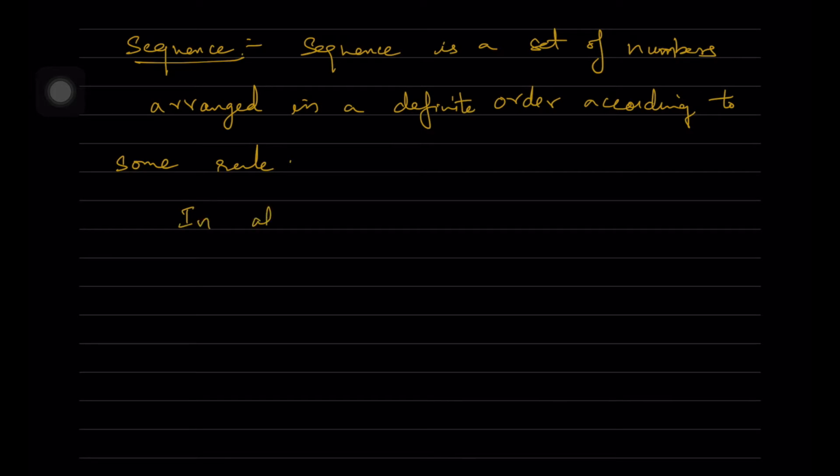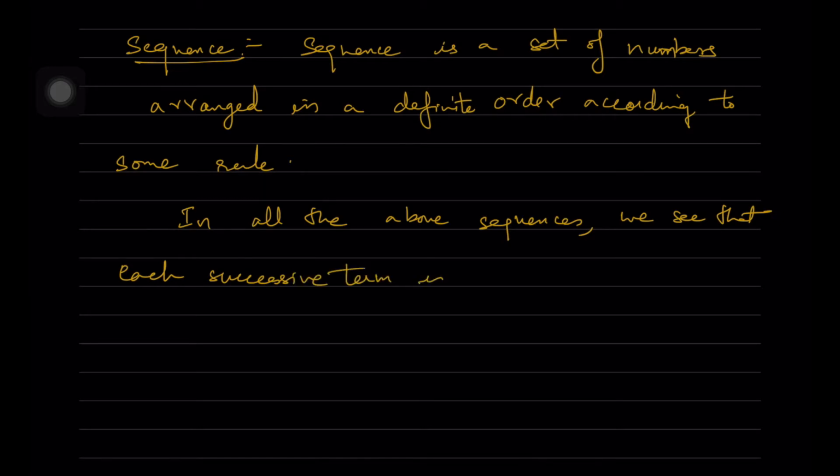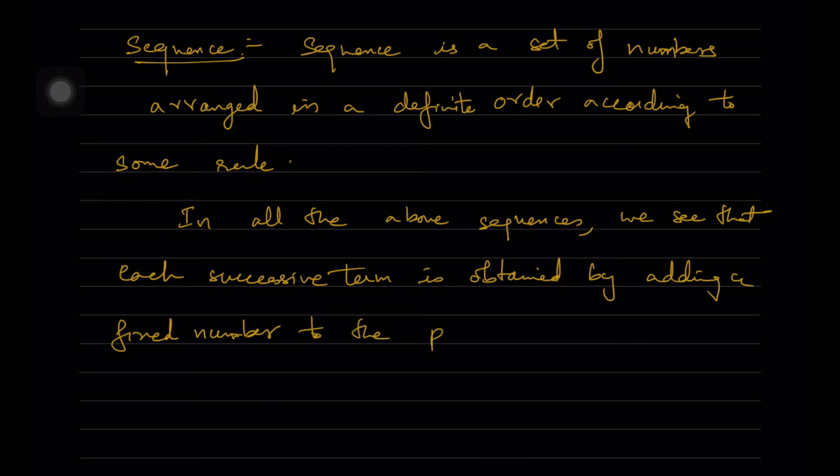So in all the above sequences, we see that each successive term is obtained by adding a fixed number to the preceding term.